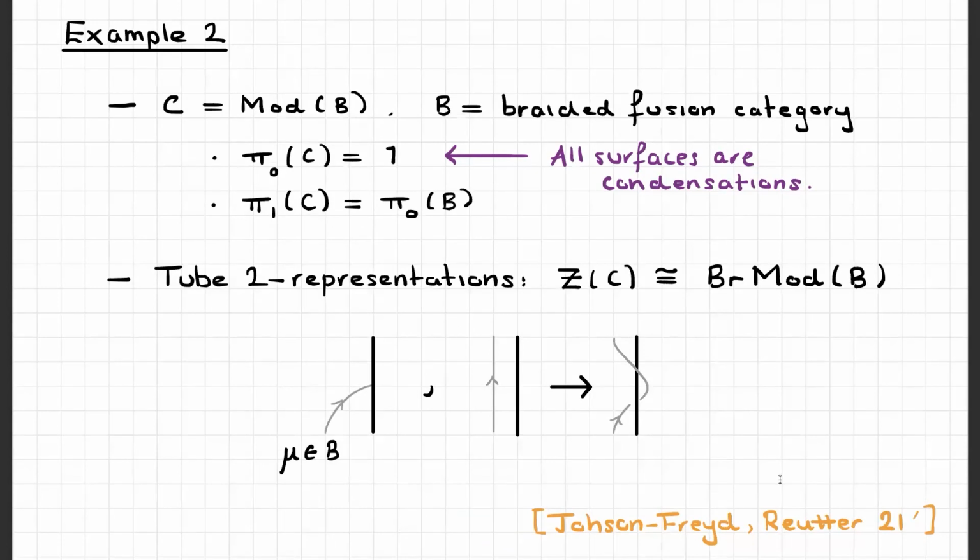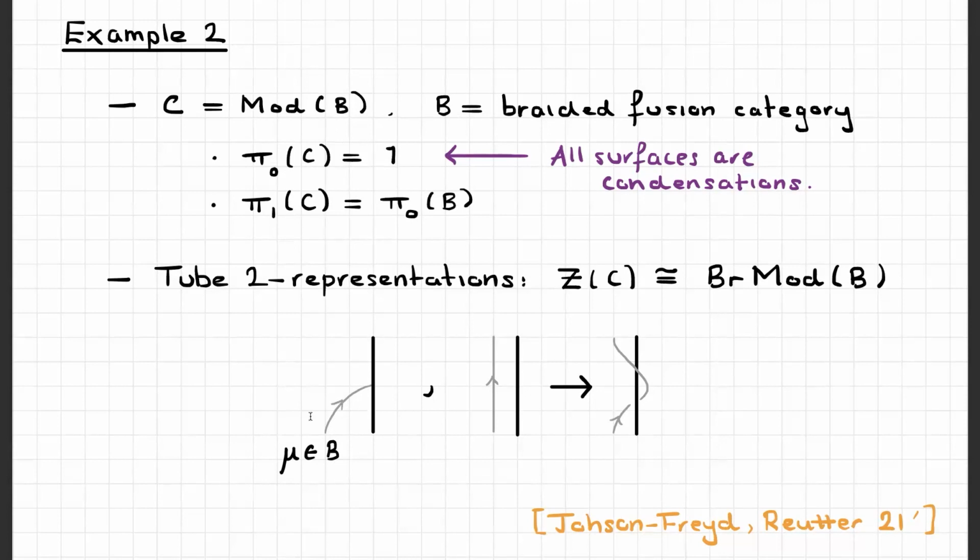And in this case, the tube 2 representations, or the Drinfeld center, are given by braided module categories over B. So what's that capturing? There are no surfaces in this case, or they're all condensations. And so all that's really happening is that you're capturing the action of topological lines on non-topological lines. So it's capturing actions like this.